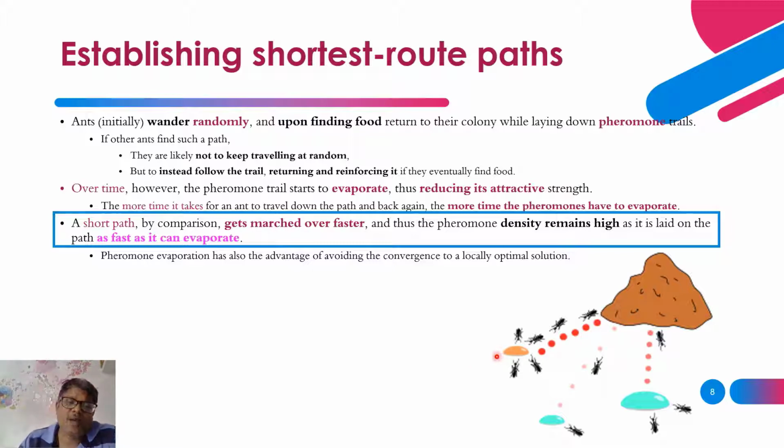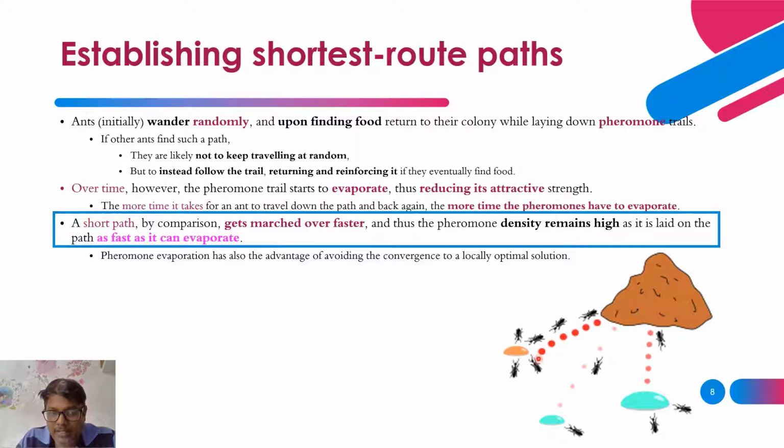Over time, however, the pheromone trail starts to evaporate, thus reducing its attractive strength. Here only a few have been deposited, and over time it evaporates and ultimately disappears. The more time it takes for an ant to travel down the path and back again, the farther away the food resource is, and since the pheromones evaporate, it almost disappears.